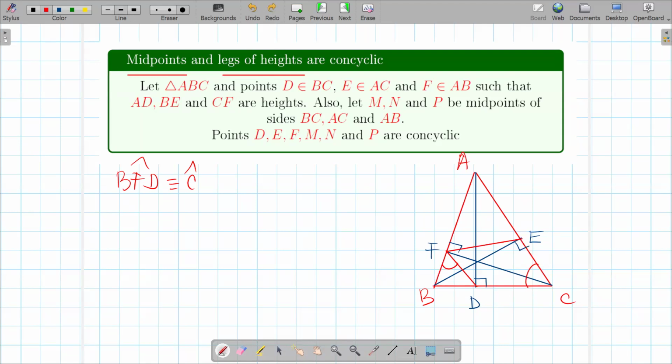Well, actually, angle C is going to be congruent to angle AFE, angle AFE being an external angle to this triangle. And this is all due to the fact that this new quadrilateral is cyclic, no? Which means that, for example, if we look at the angle EFD, the measure of this angle is 180 degrees minus twice the angle C.